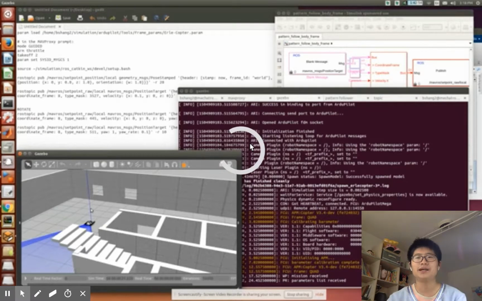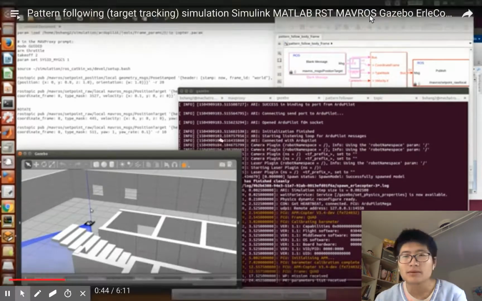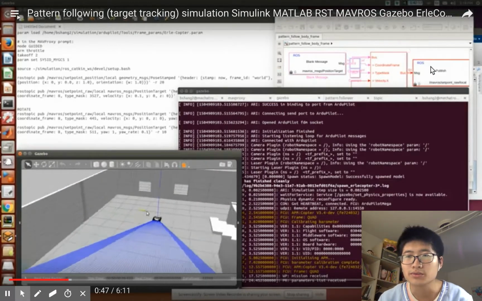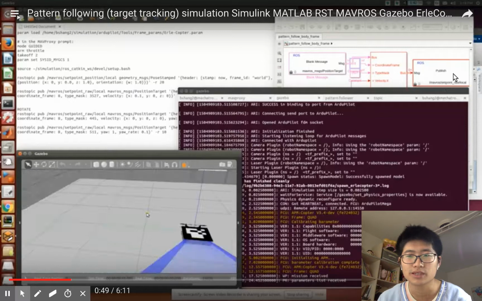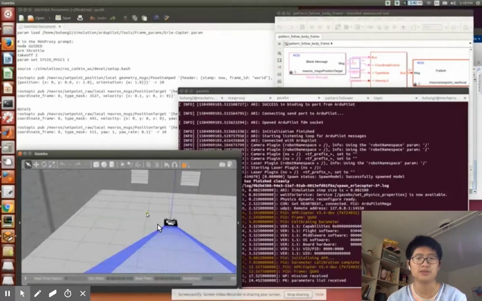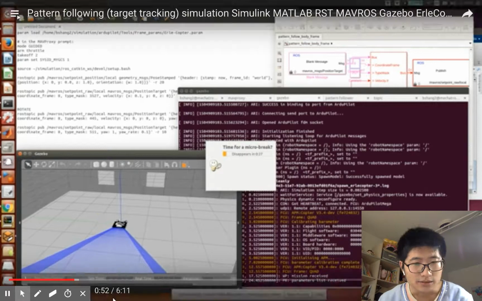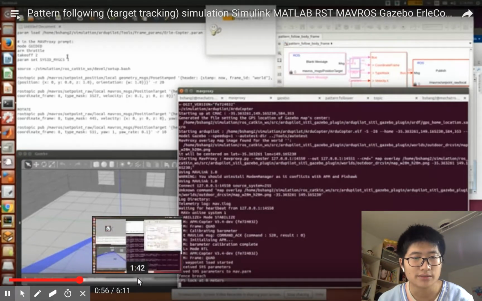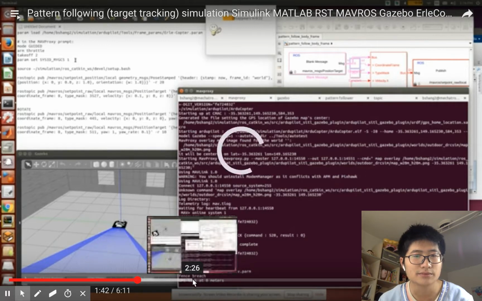And then the MATLAB model can output the controller result back to the Gazebo environment. So the drone can be controlled from our Simulink model. Let's go forward and see what we can do.